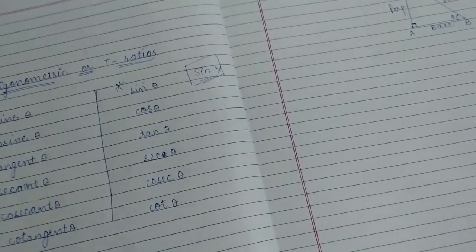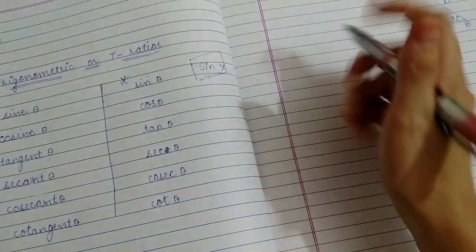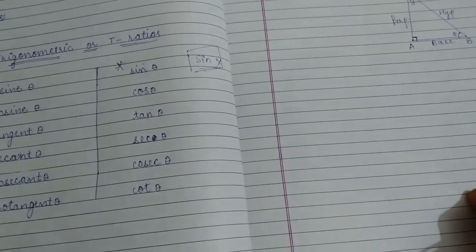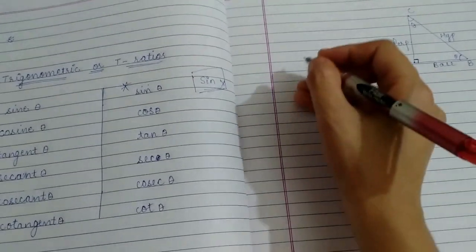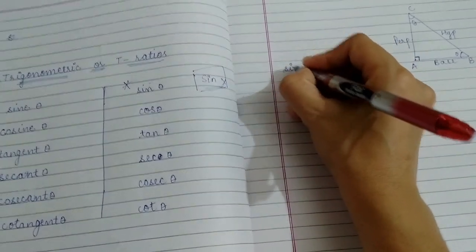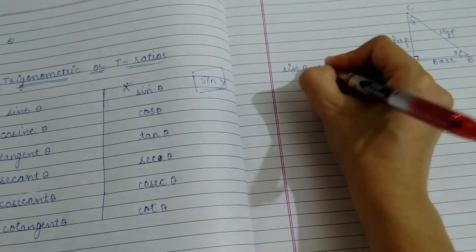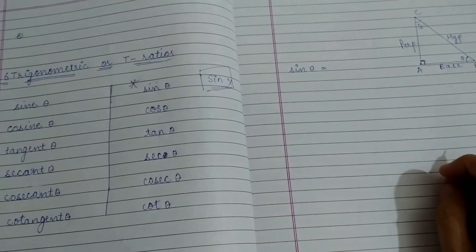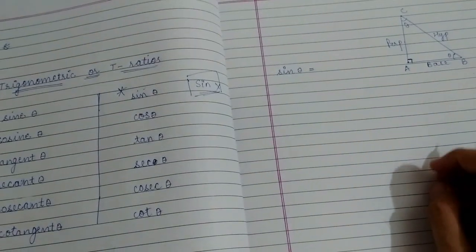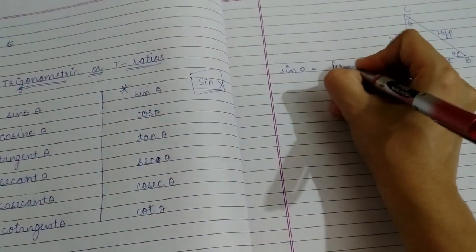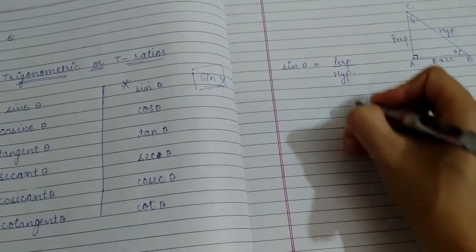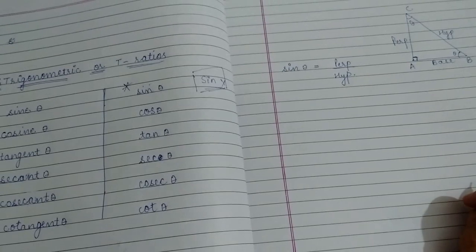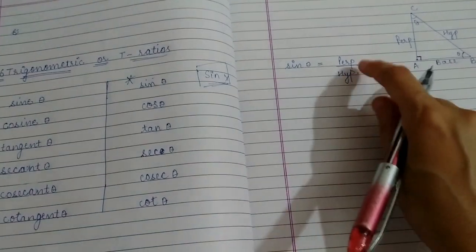So sin theta is always equal to perpendicular divided by hypotenuse, and we can calculate the value of sin theta using this formula.